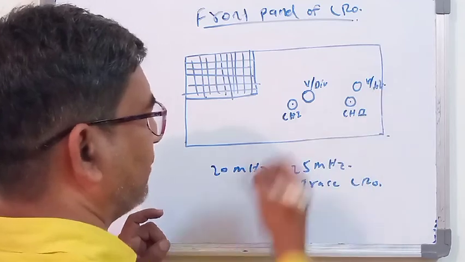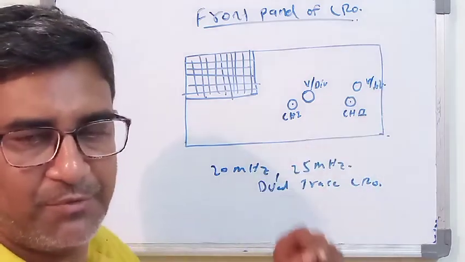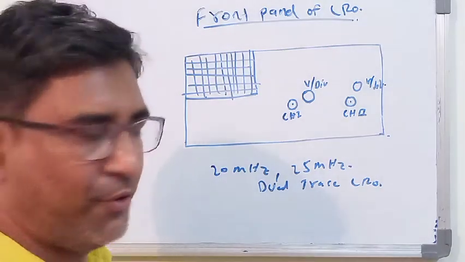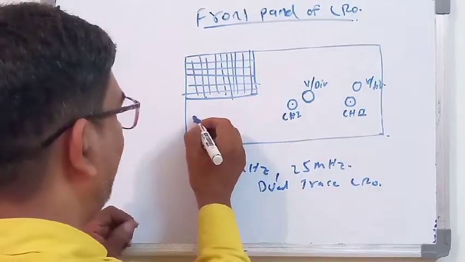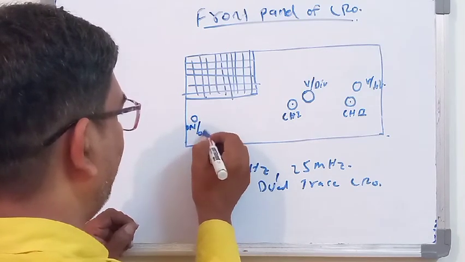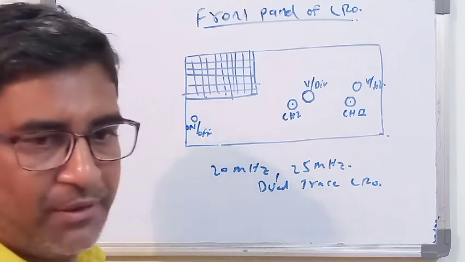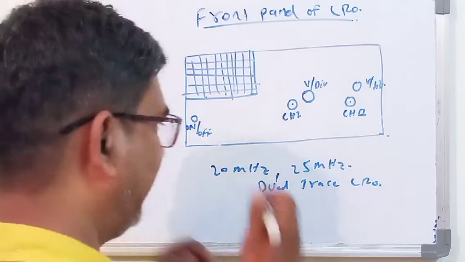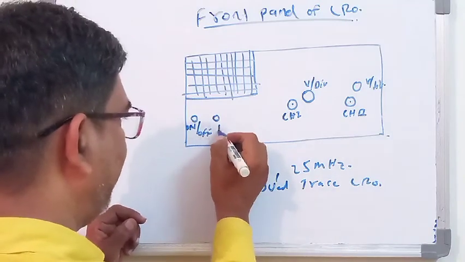Apart from this button, the CRO has to be switched on and off, so here there is an on button and an off button. Then, if you want to adjust the intensity, the intensity button is provided.